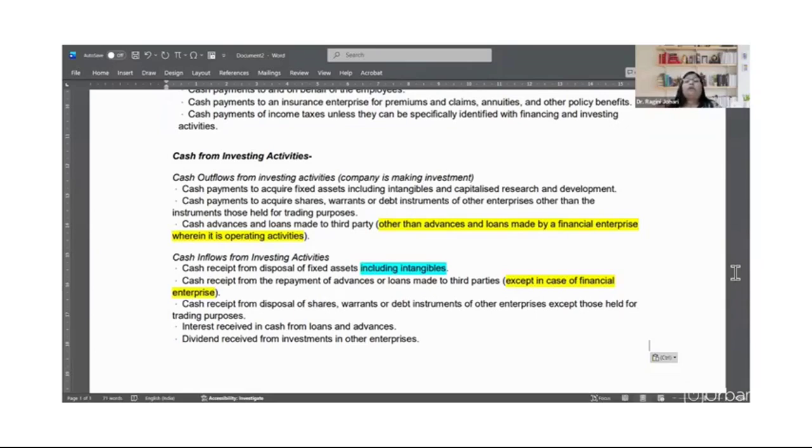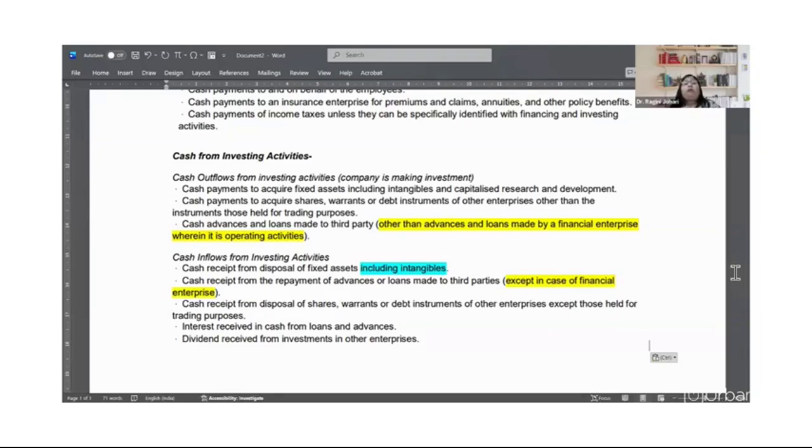So the cash outflow happens when the cash payment is done to acquire some fixed assets, including tangible as well as intangible assets. Then the cash payment is made to acquire shares, warrants, or debt instruments of other enterprises, other than the instruments held for trading purposes, and cash advances and loans made to third parties.